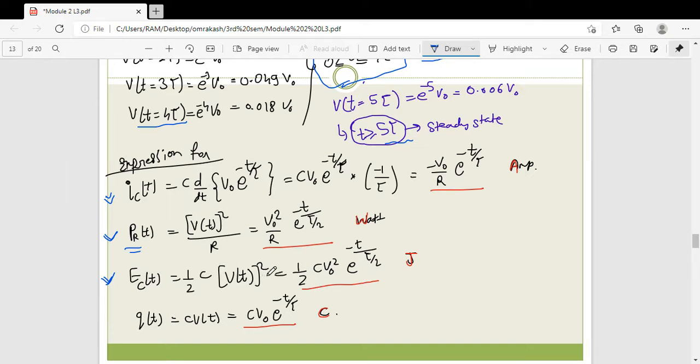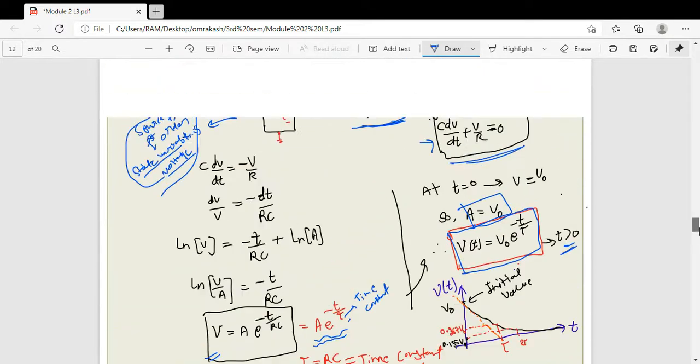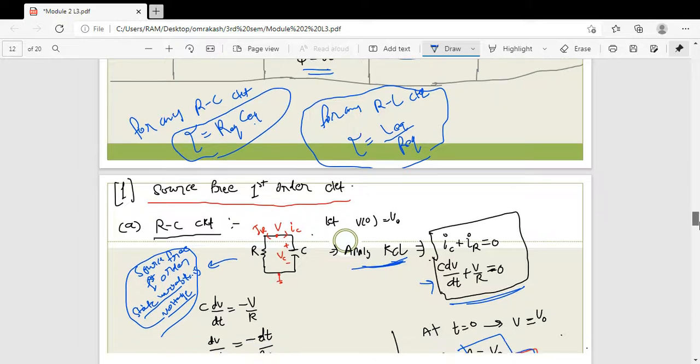So simple, you have to put the value, then you will get these equations. And what is the charge for the capacitor? Your charge is equal to CV, right? So put that value, and you will get charge in terms of coulomb. So those are all the parameters you will get when you solve this basic RC circuit.